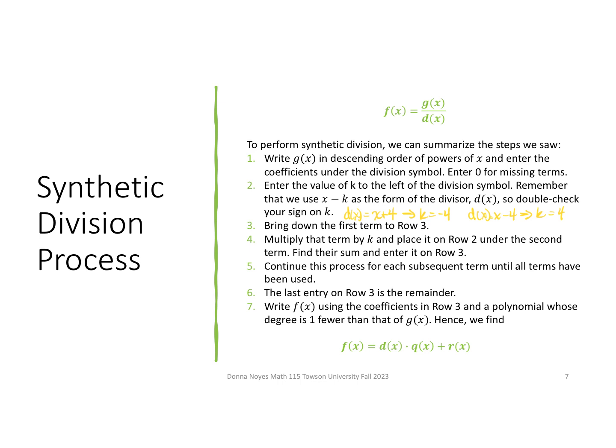Then we want to write f of x using the coefficients in row 3 and a polynomial whose degree is 1 fewer than that of g of x. In that way, we find f of x equals d of x times q of x plus r of x. It sounds a little complicated, but once we get the hang of it, it goes very, very quickly, and you hopefully will really like synthetic division.